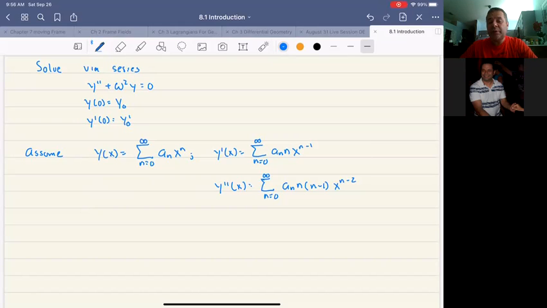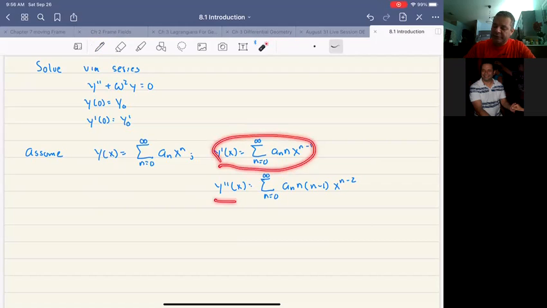Now, we could do the little shift with both of them, but we don't need y prime really. So we only really need to shift y double prime.